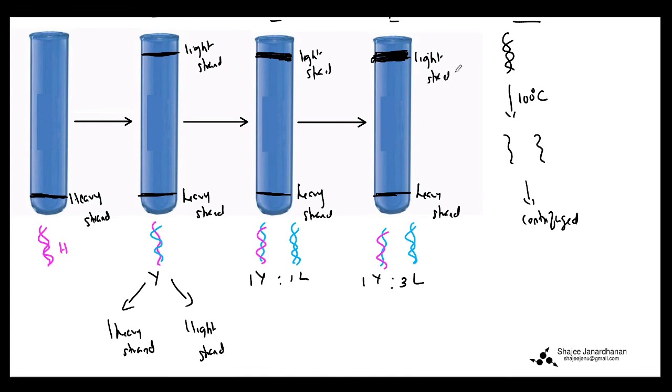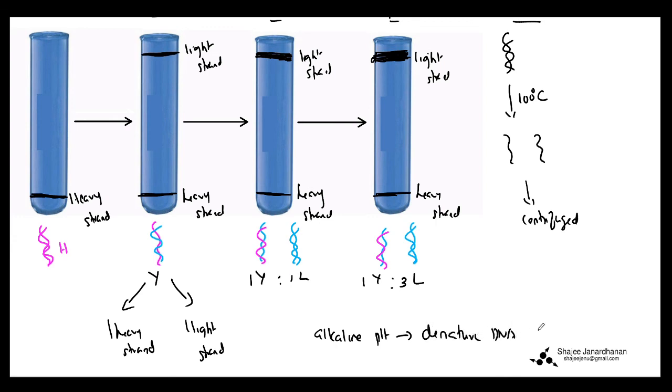Here you are not going to get any hybrid band, because you are doing thermal denaturation before the isopycnic separation. The same result can be obtained if you do the same experiment with alkaline pH. Alkaline pH can also denature DNA.